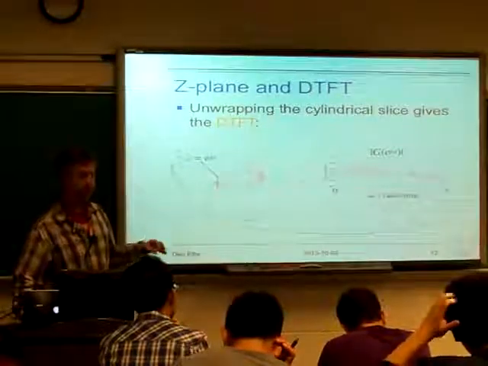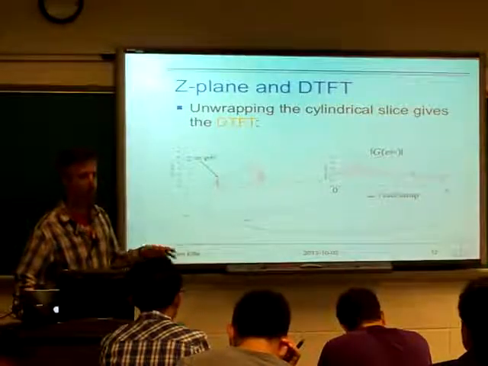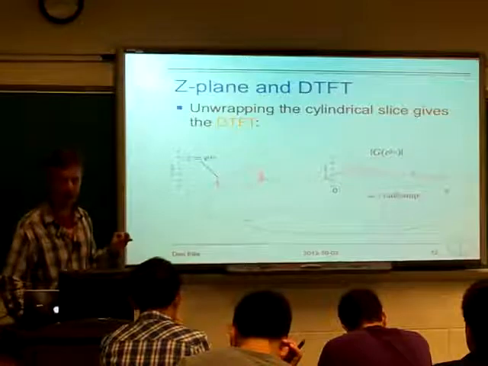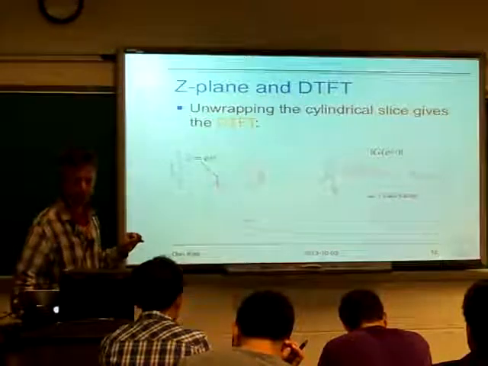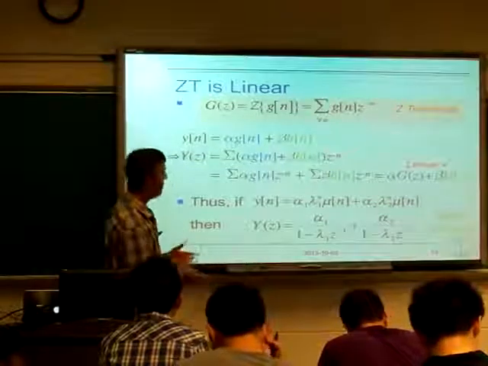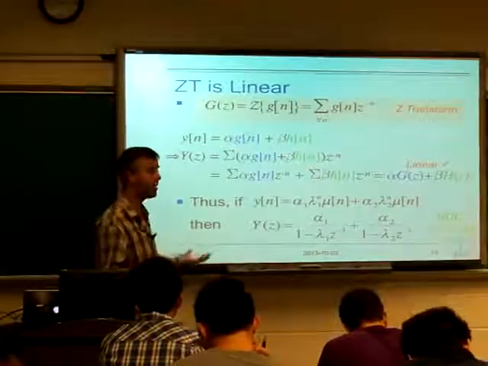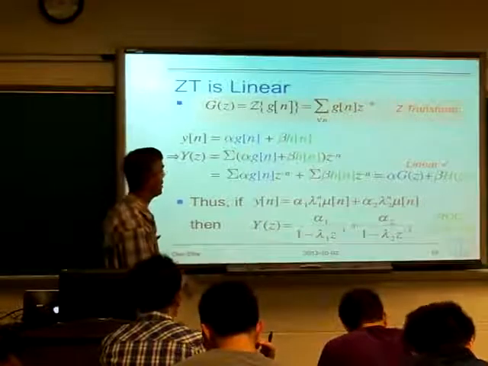And now let's look through some of the properties of the z transform just so that we can work with it and see what's going on. It's linear, which means that if we have two sequences and we add them, then we can add the z transforms.